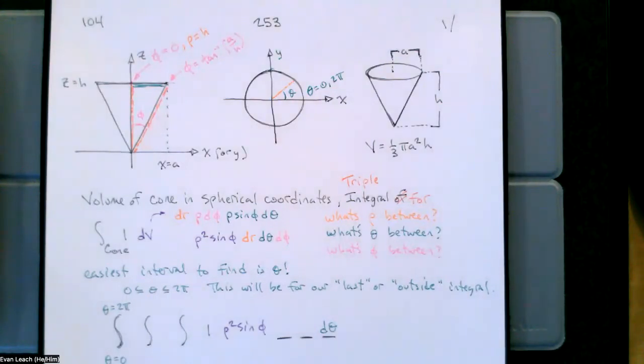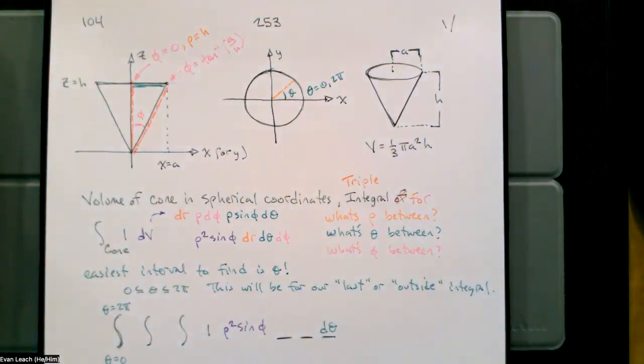We can figure out what phi is at that point without worrying about the value of rho. Remember, a and h are both constants. They're the radius and the height of the cone, respectively. So we just need phi to go from 0 straight up the z-axis down to the angle tangent inverse a over h.